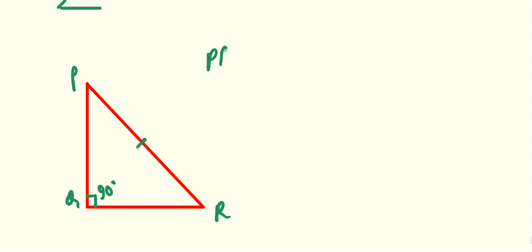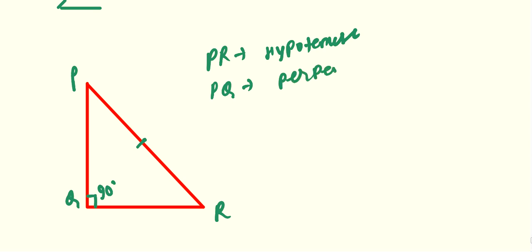So your PR is the hypotenuse. Now you have PQ and QR. You can take PQ as perpendicular, no problem. Then QR will be base.